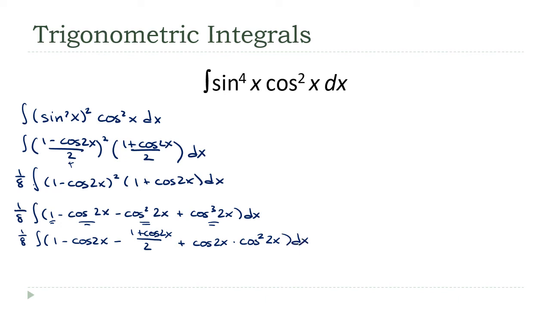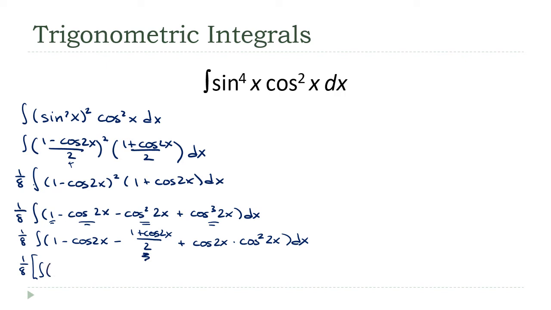All right, now I'm going to have to split it up, because when I do the u substitution on that cosine part, it's no longer going to be dx, it's going to be du, but I need the dx to stay with the first part. So this is 1/8 the integral of, let's combine these numbers together, 1 minus a half from over here.